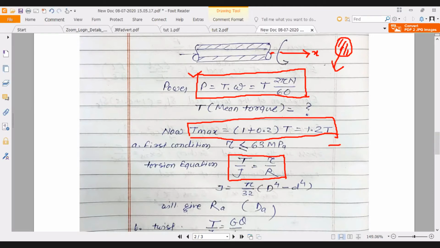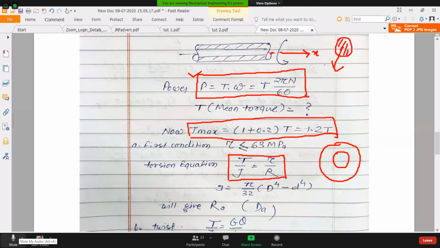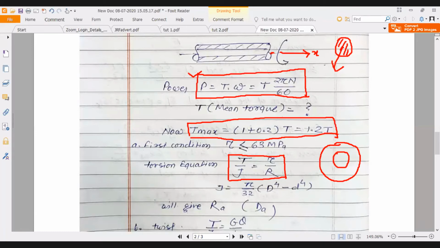Yes, if you are aware of the shear stress profile in case of torsion in cylinders, then this is the shear stress profile. Okay, so maximum shear stress will be induced at the outer radius.